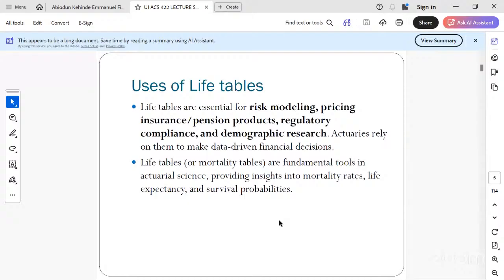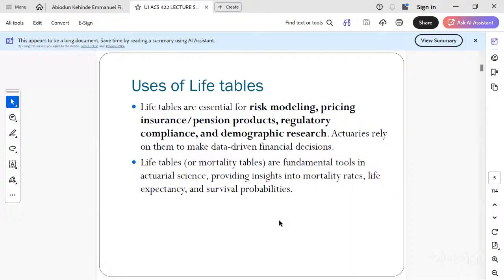So what do we use the life table for? I've mentioned it during my introduction. This device is very important for actuaries in monitoring mortality experience, and also in estimating future lives and the expected future survival rate.